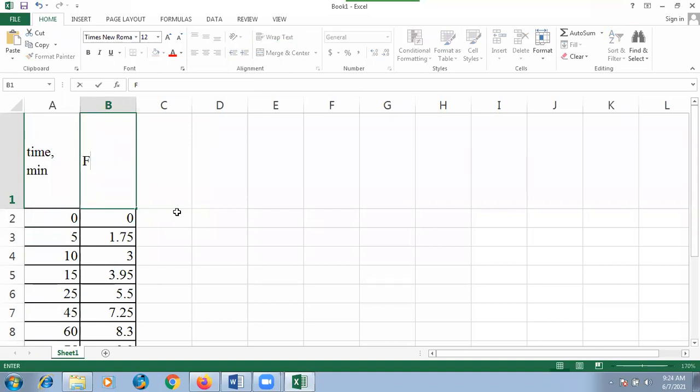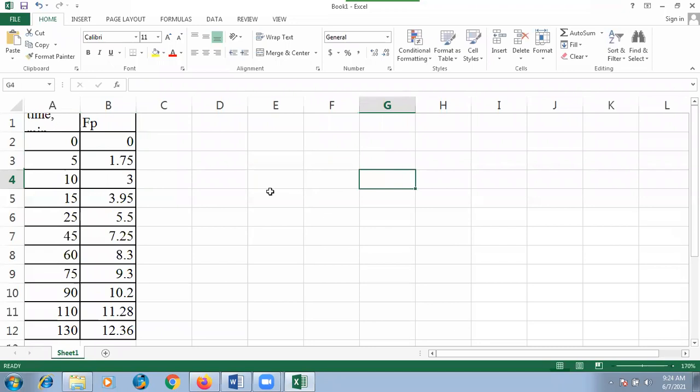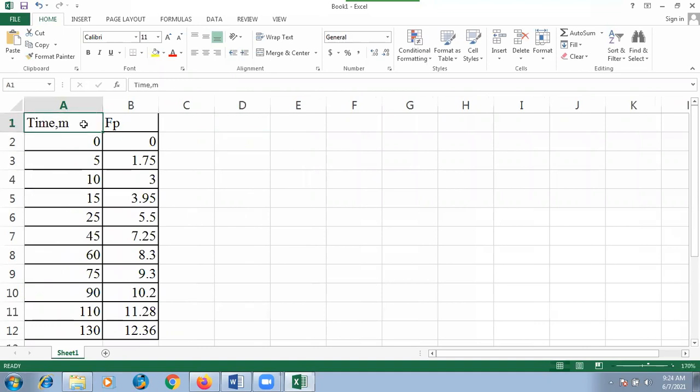We will write uppercase FP. So this is what we have for the purpose here. Time in minutes, you remember this. I am just making it a little short so that you will all see everything very clearly. Okay. Now the statement of the problem we will look at.